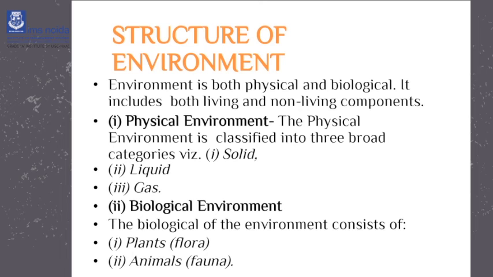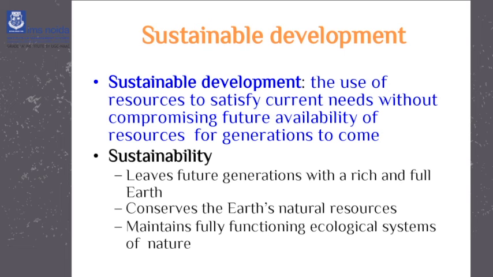And the biological is the plants and animals, that is, flora and fauna. Now, what do you mean by sustainable development? It is the proper use of resources to satisfy current needs without compromising the future availability of resources for the generations to come.